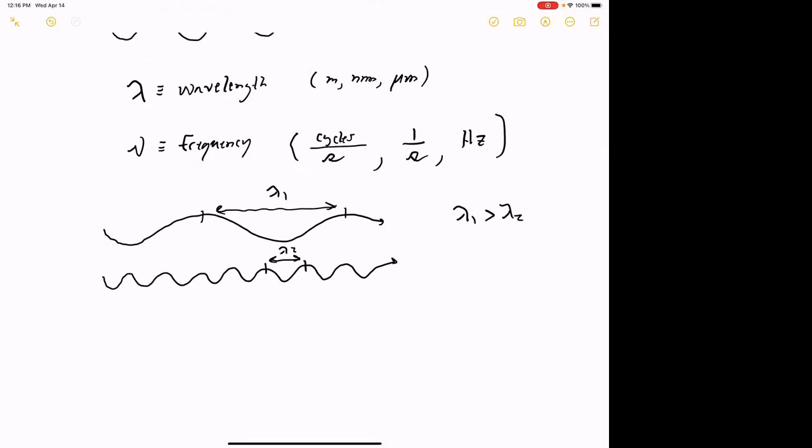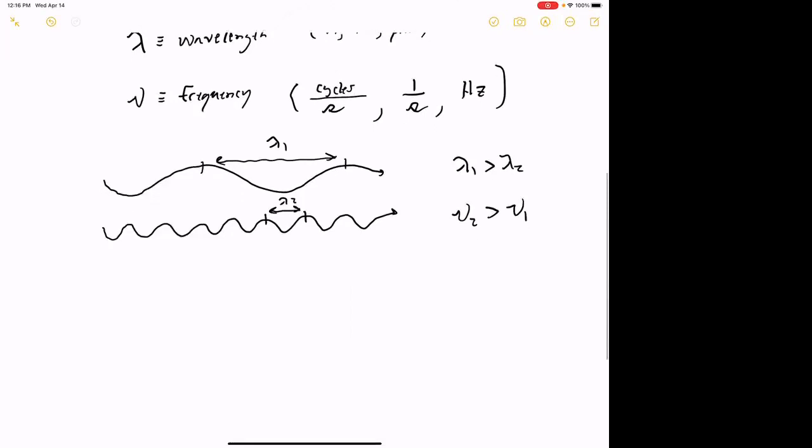And in this case, what we'll see is nu2, which is the frequency associated with lambda 2, is going to be greater than nu1. So what this shows you is that frequency and wavelength are inversely proportional to each other. So in other words, as the wavelength gets bigger, the frequency gets smaller. And you can actually see that in that drawing there.